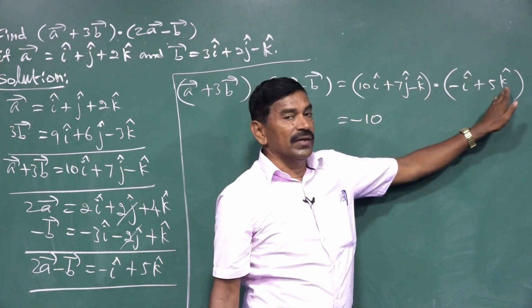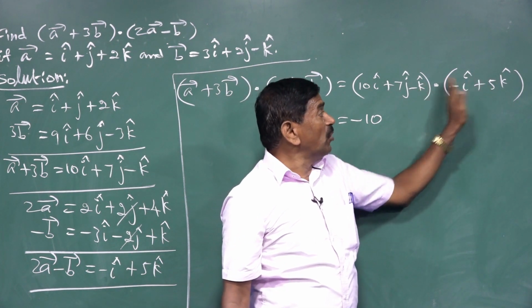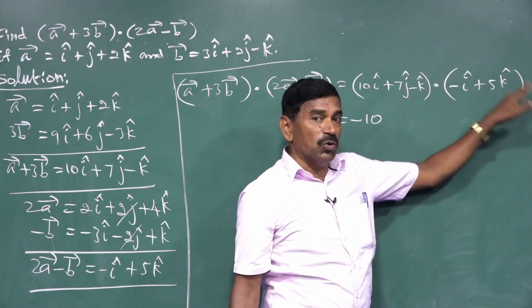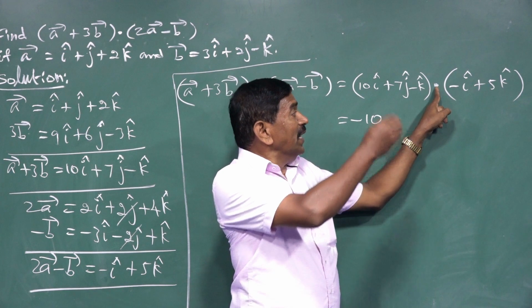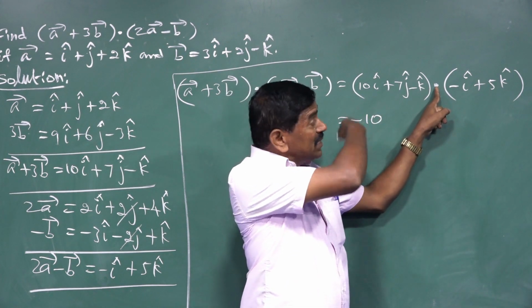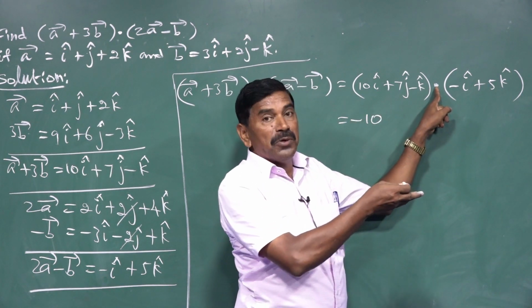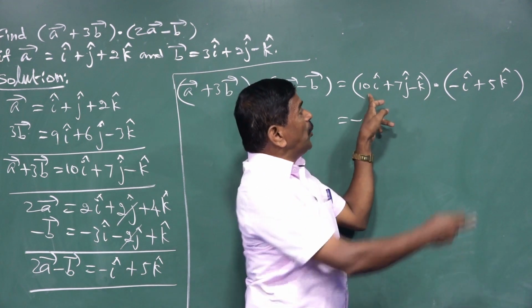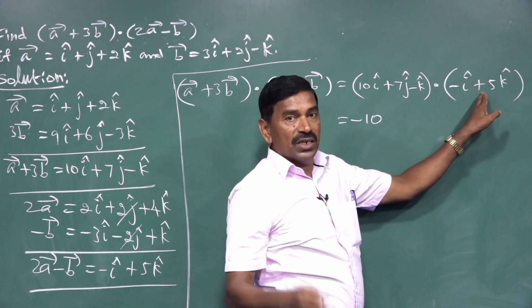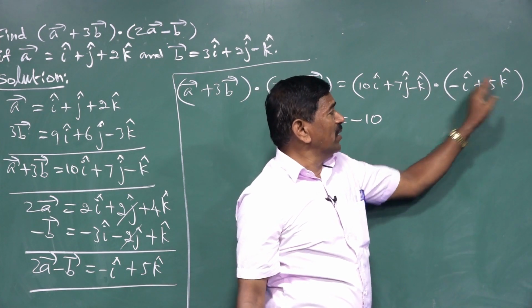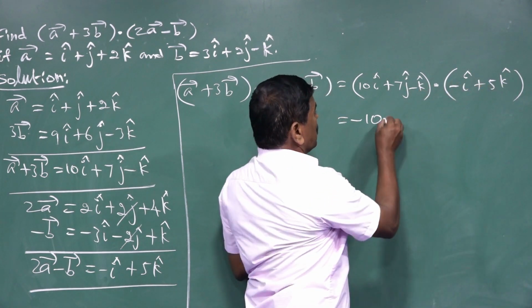Next, K to K, minus 1 into 5. It is enough to multiply only the coefficients. I to I, 10 into minus 1, minus 10. J present, J absent, no need to multiply. K to K, minus 1 into 5, minus 5.